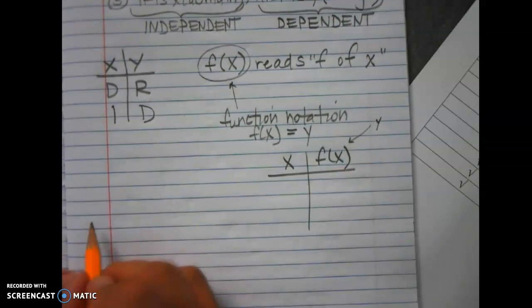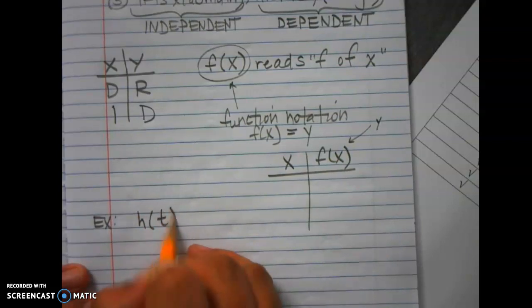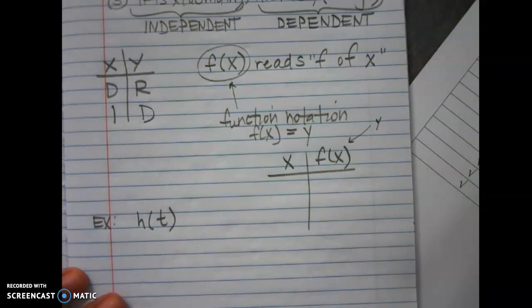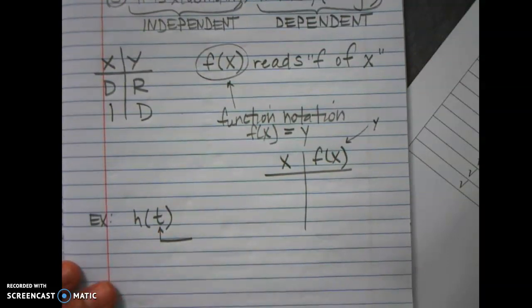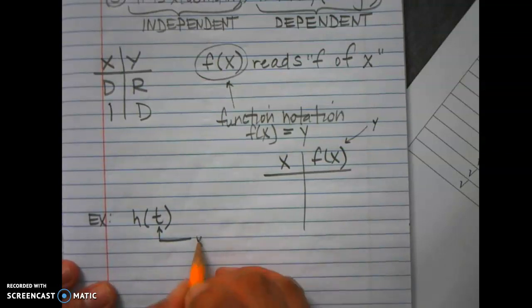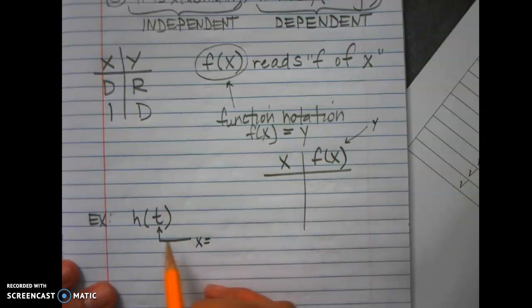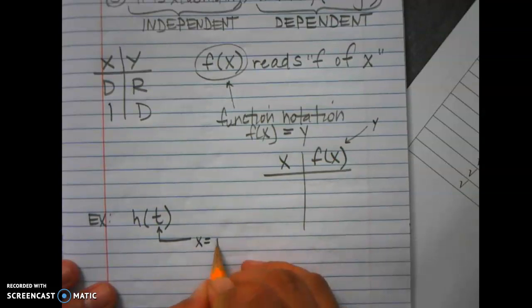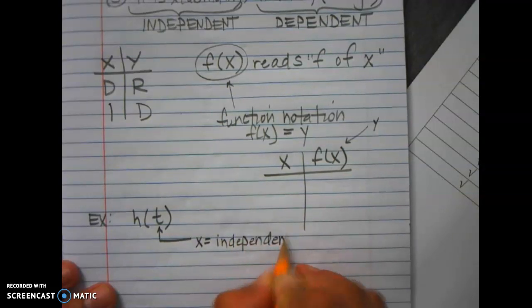Okay, so for example, if we see H of T, right? That's how we read it. The letter inside the parentheses is going to be my X. So it'll be the left side of the table or it'll be on the X column. That is our independent variable.